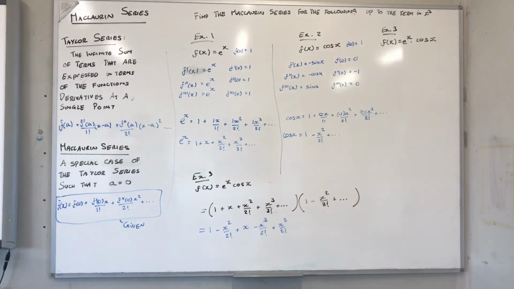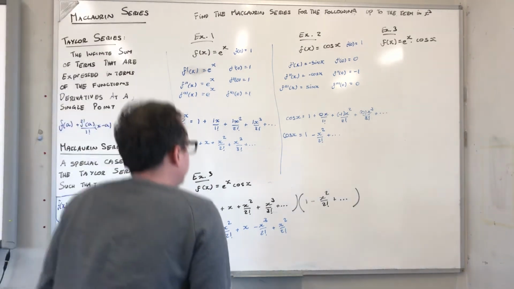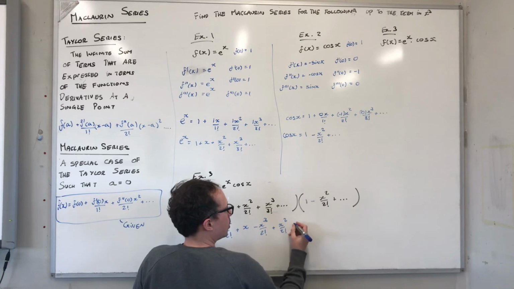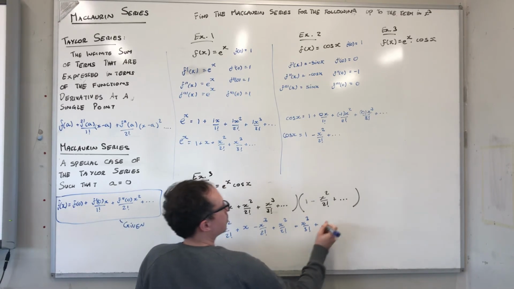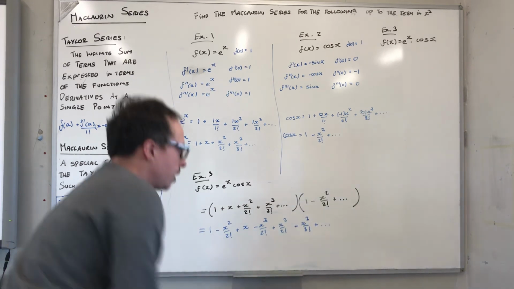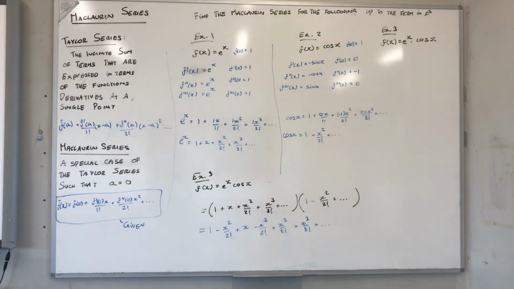I'm going to ignore that term because I've got to the point where I'm going to do x squared over 2 factorial times negative x squared over 2 factorial. It's going to give me a power of x to the power 4, which I don't want because I'm only going up as far as the term in x to the power 3. And again, x cubed times x squared is just going to give me x to the power 5, so I can ignore it. And now let's arrange.